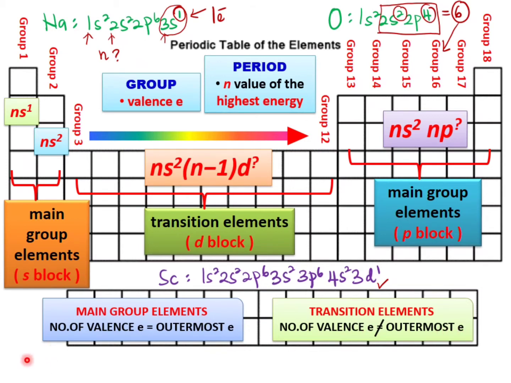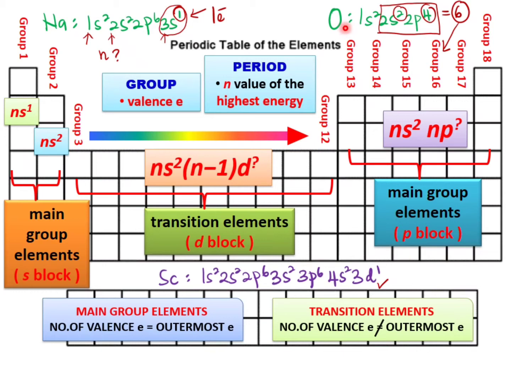So how is this? Okay, look here class. For sodium, this is our outermost shell, which is 3s. So inside this 3s consists of 1 electron. So this 1 electron is the outermost electron. Besides that, it is also the valence electron, because it is a main group element.